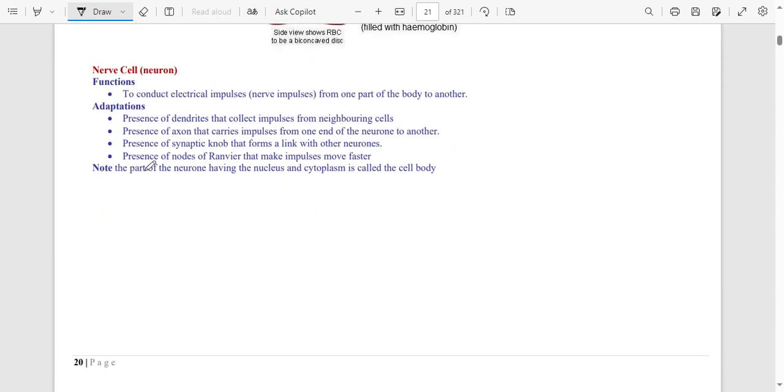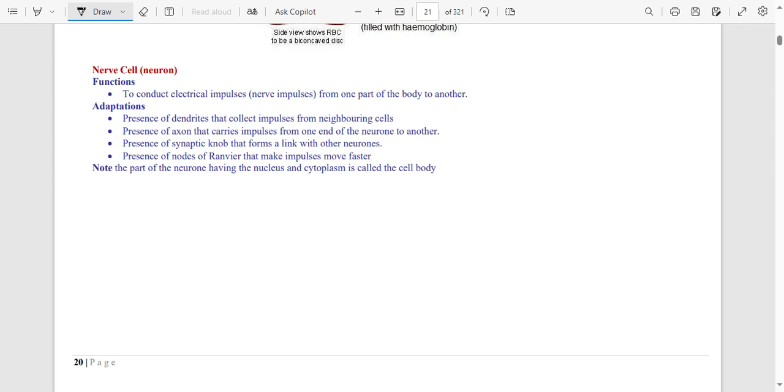Another specialized cell is a nerve cell. A nerve cell is known as a neuron. Now, what is the function of a nerve? A nerve is to conduct electrical impulses from one part of the body to another. These electrical impulses, also known as nerve impulses, are what enables you to feel.